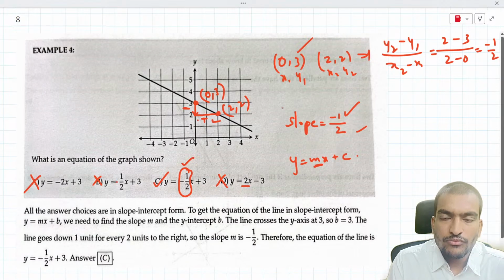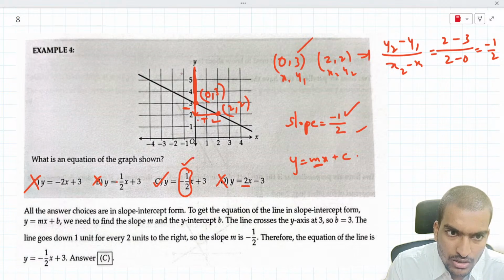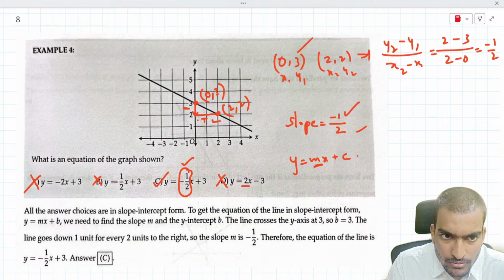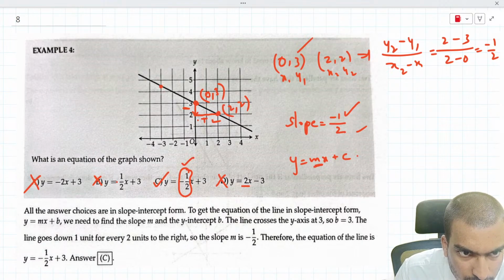Same, you can do it directly from the graph as well. You just need to take your y1 from a point on the y-axis, or you can take it anywhere. It's better to take it here. So from here to here is 1, and to the right side it's moving 2.